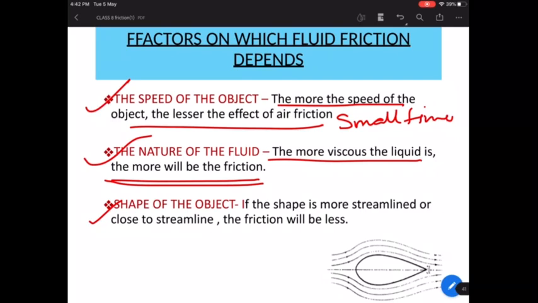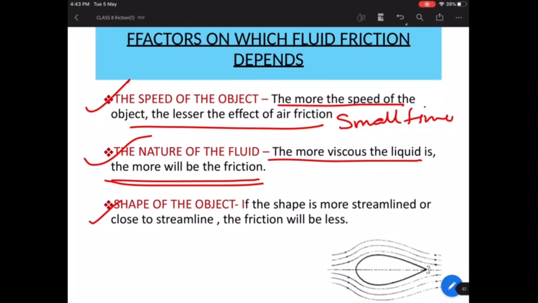A streamlined shape. And what should be the nature of the fluid? The fluid has to be less dense or less viscous if you have to reduce the friction. So these are the three important factors on which the fluid friction will depend.